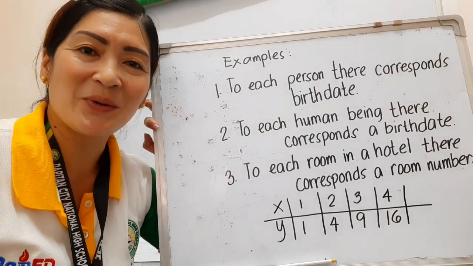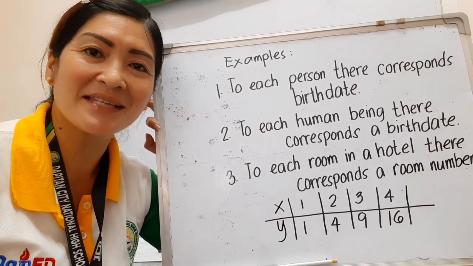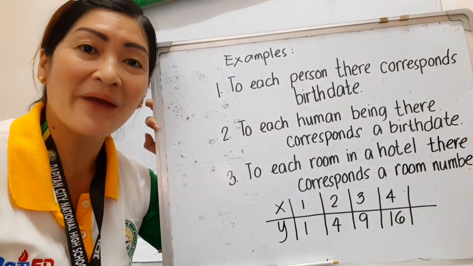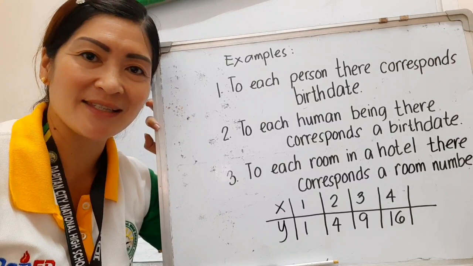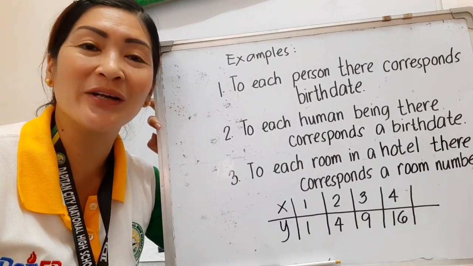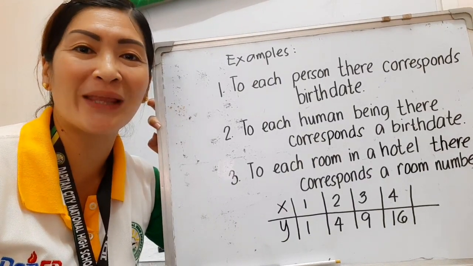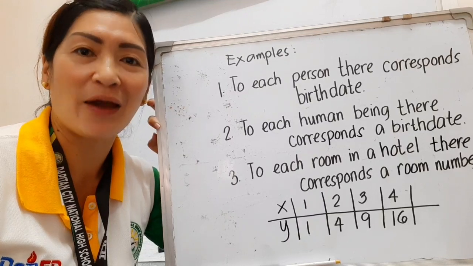So, are you ready? Okay, listen attentively so that you will understand better. In many situations in science, business, and mathematics, there exists a correspondence between two sets. The notion of correspondence occurs frequently in everyday life.